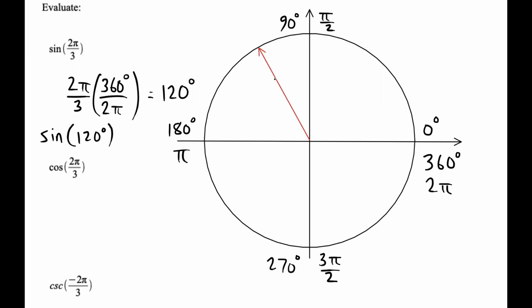A vector in standard position that points at an angle of 120 degrees would look approximately like that. It's a little bit more than 90, but it's not quite 180 either. We assume that we're working with a unit circle where the radius of the unit circle is 1, and the sine of that angle would be the height off the x-axis of the head of the vector.